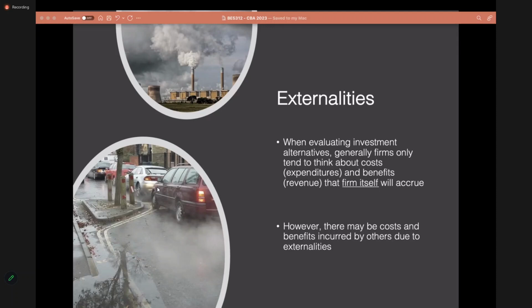But can there be other costs and benefits that are incurred by people other than me? People who are not directly part of this particular project, but still might incur a cost or a benefit.